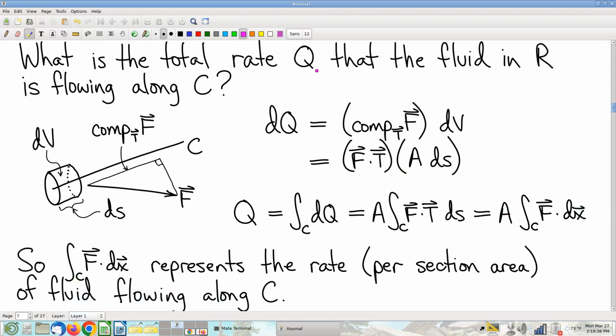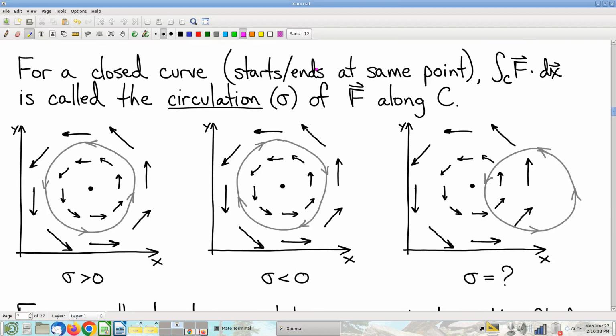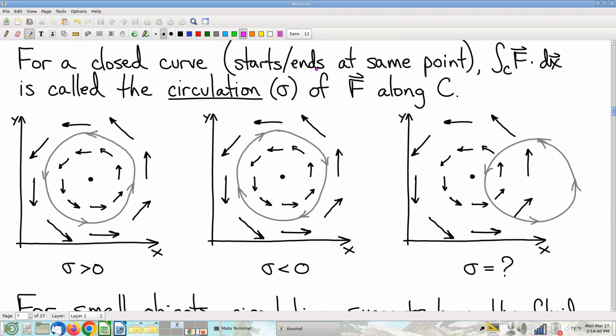So here is a special case that gets discussed a lot. This is an important special case. In other words, you may at some point be taking a line integral on a curve that is a closed curve. A closed curve just means that it starts and ends at the same point. In other words, that it loops back around on itself, such as, for example, this curve here.